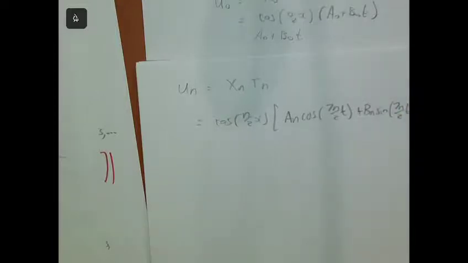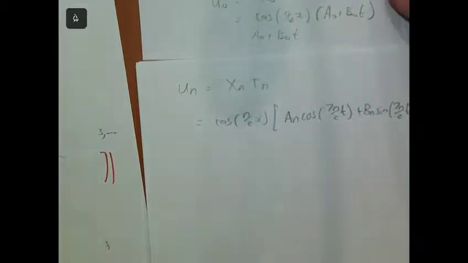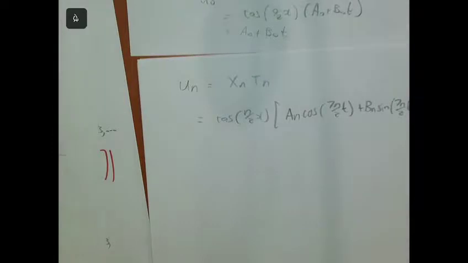Right, and now I add them all up, so there's going to be this infinite sum. That's making the u. But it just might be easier for me to separate this one out, so I don't have the brackets.